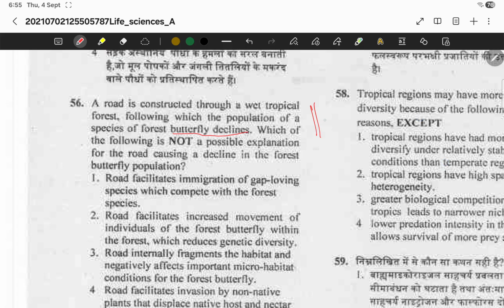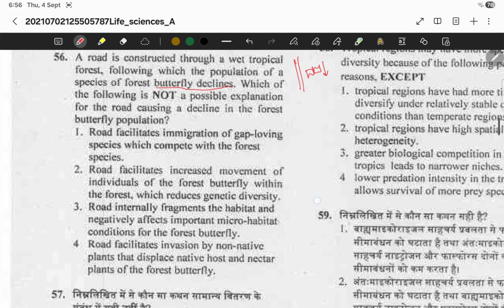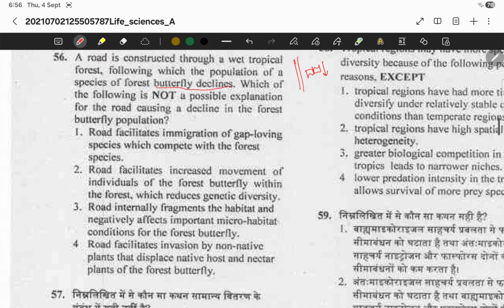Road is being constructed, butterflies population declines. Which of the following is not a possible explanation for road causing a decline in forest butterfly population? Okay, road facilitates immigration of gap-loving species which compete with the forest species.